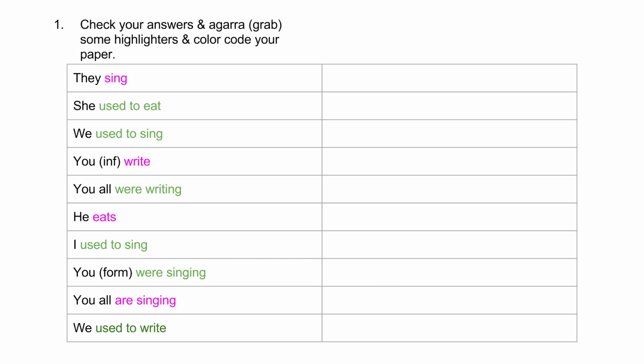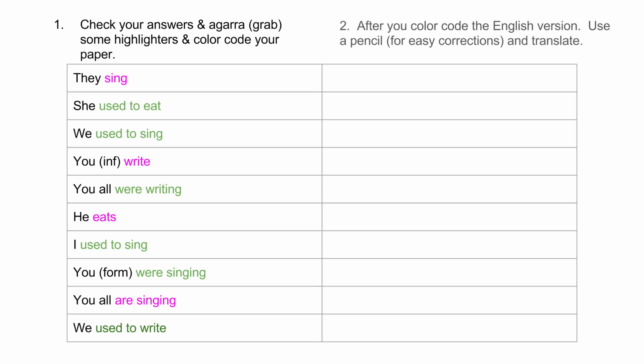And agarra means grab some highlighters and color code your paper to match what I have. Okay, pause if you need to while you do that. After you color code the English version, use a pencil because you may make a mistake. Okay, use a pencil and translate those. Use your charts you just wrote down. Use those charts. Okay, pause and get that finished.